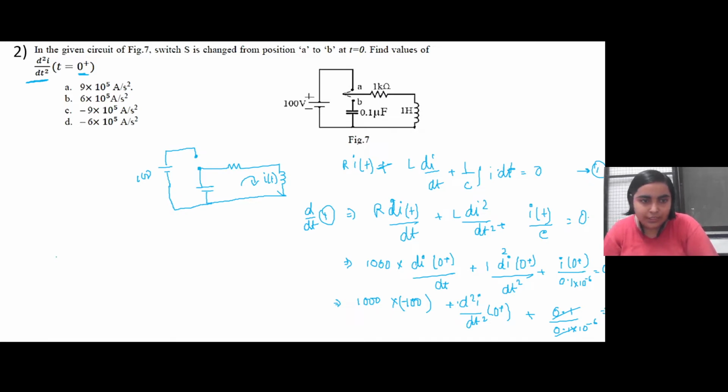So it is minus 10 to the power 5 plus d square I by dt square plus, since this is 1 by 10 to the power minus 6, bringing it on top, 10 to the power plus 6, equal to 0. Now you can easily calculate d square I by dt square.